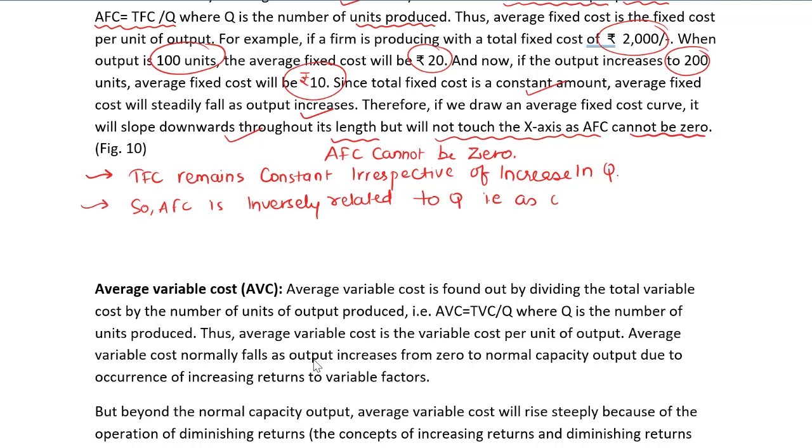That means as output, that is Q, increases, AFC decreases, and vice versa.